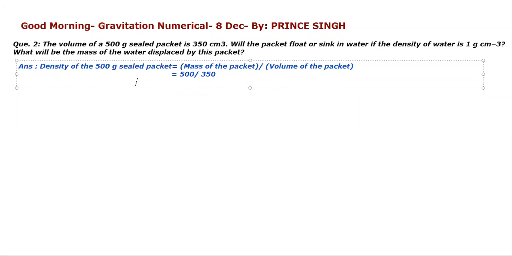So tell me the answer. It's 1.428 gram per centimeter cube. Clear?